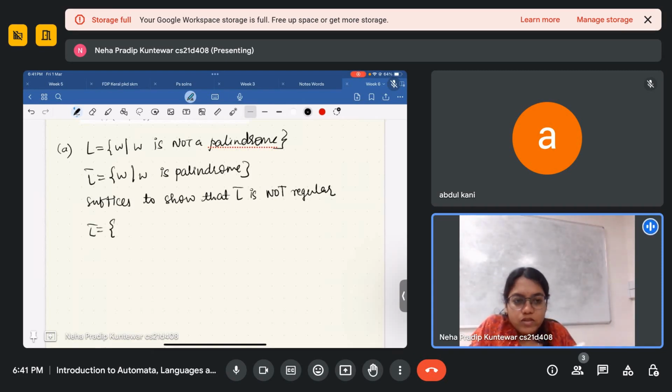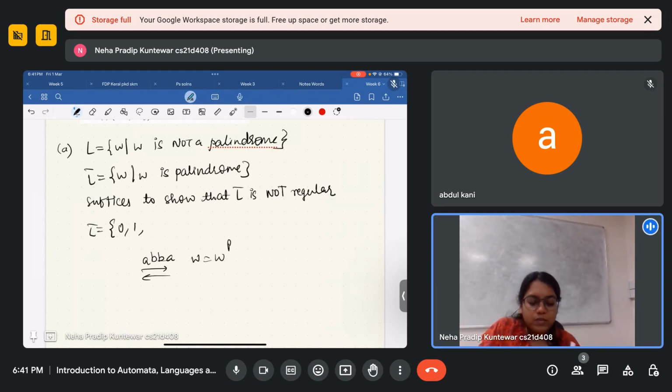Assuming that sigma is {0, 1}, L complement would have strings like 0, 1. Palindromes are basically those strings that read the same from left or right. For example, abba is a string that reads the same from left and from right. In particular, w is the same as w reversal.